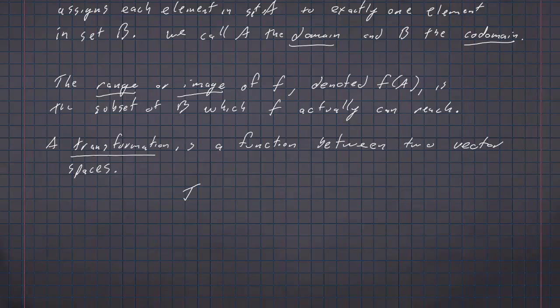But a transformation, and I'll use capital T to denote my transformation, might go from one vector space, Rm, to a different vector space, Rn. So because we are generalizing functions, thinking about the range is a couple of steps further along than where we need to be right now.